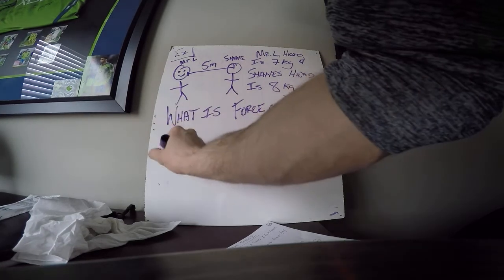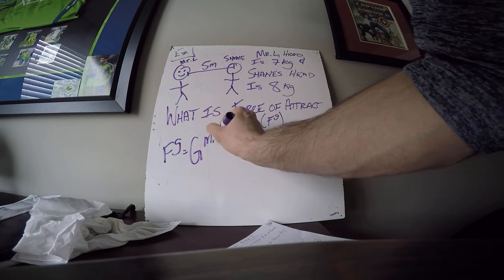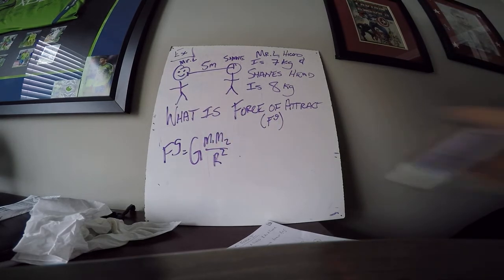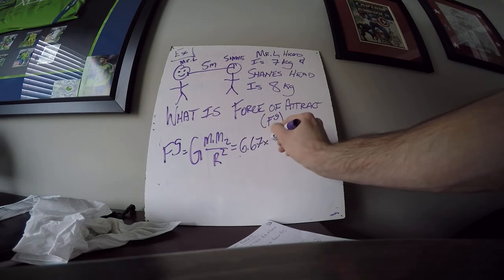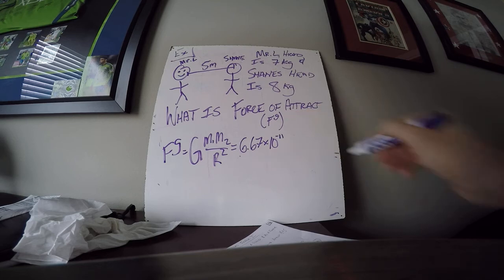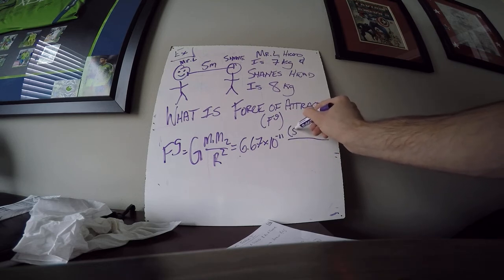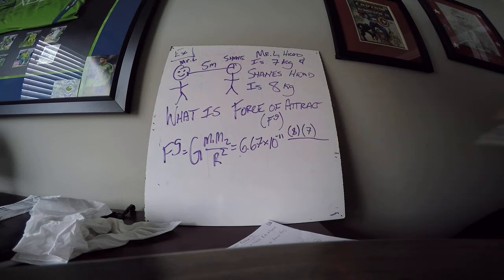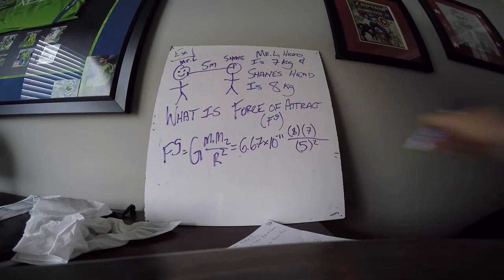So force of gravity equals G m1 m2 over r squared. Plugging in some numbers, we get 6.67 times 10 to the negative 11 times 8 kilograms times 7 kilograms, the masses of our heads, divided by the distance between us, which is 5 meters squared.